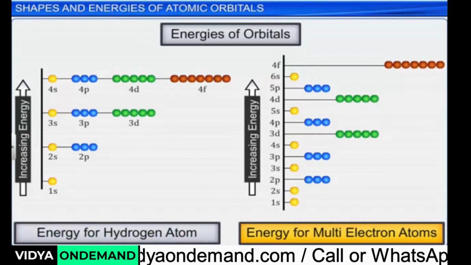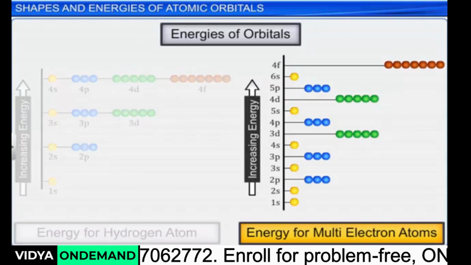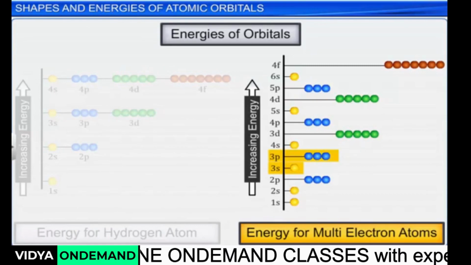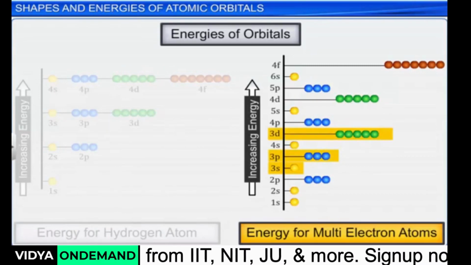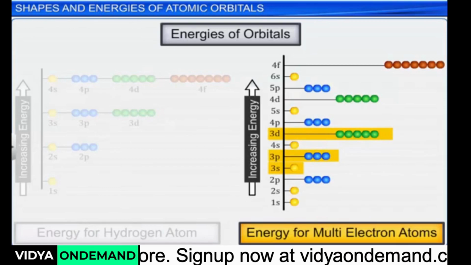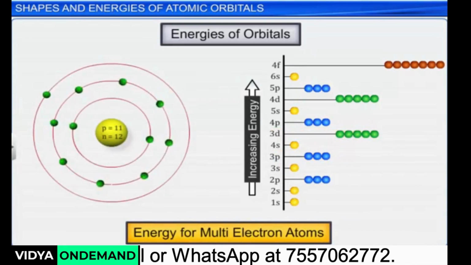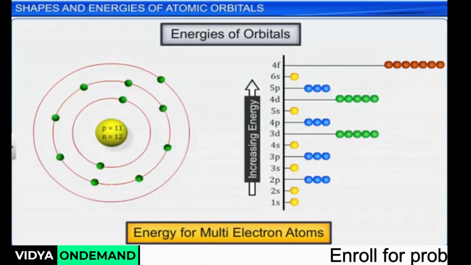Now, let us understand why in case of a multi-electron atom, the different orbitals of a given principal shell possess different energies, in contrast to the hydrogen atom. In a multi-electron atom, the different energies of different orbitals of a given principal shell is attributed to the inter-electronic repulsions among the electrons present.